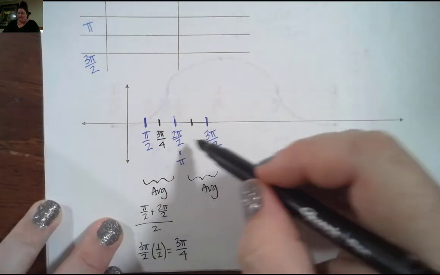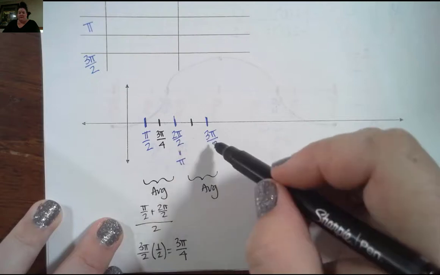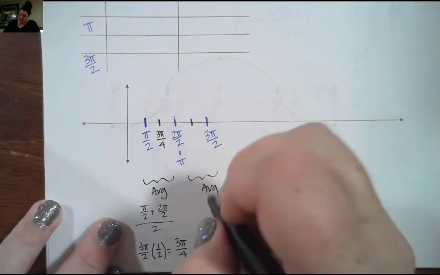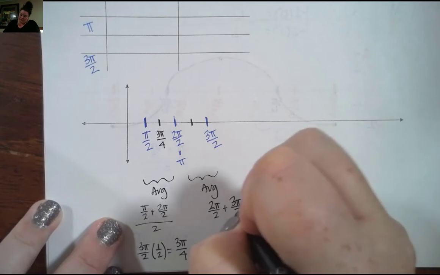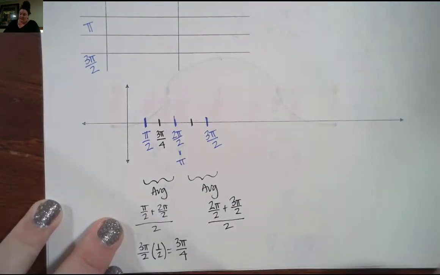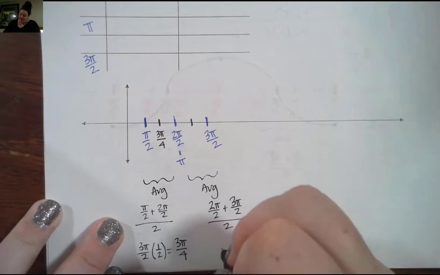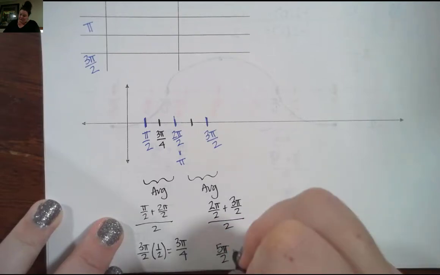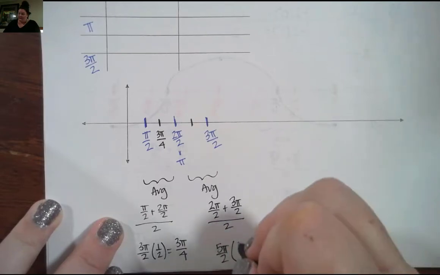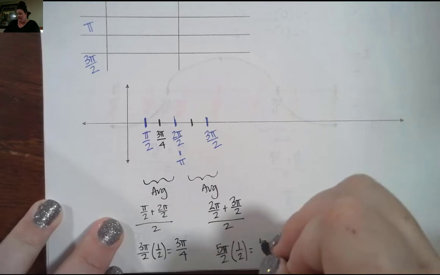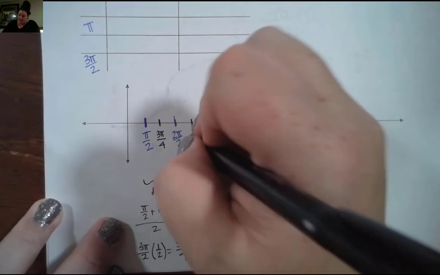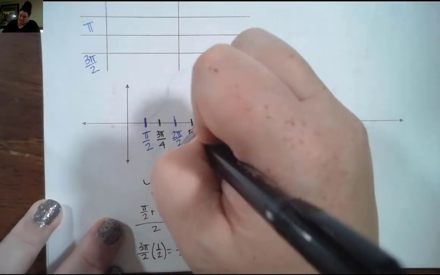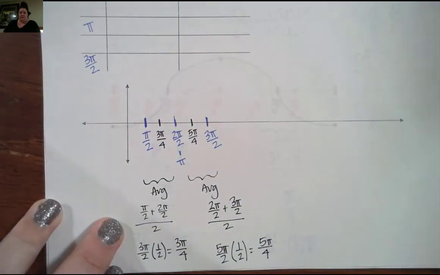Then I need to find the midpoint of these two. So I'm going to do 2 pi over 2 plus 3 pi over 2 and divide that by 2. So when I add the top, I'm going to get 5 pi's over 2. And when I divide by 2, it's the same as multiplying by a half. So that's going to give me 5 pi's over 4. Okay.